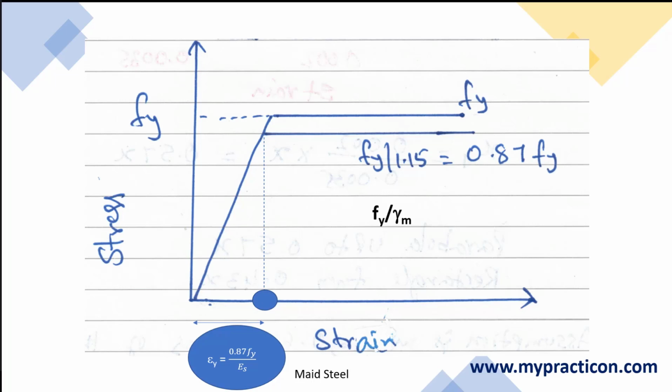The strain can be calculated directly: design stress 0.87 fy divided by Young's modulus. So this is for the mild steel stress strain curve.